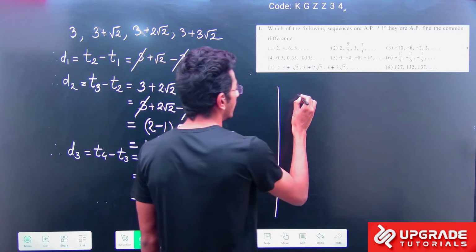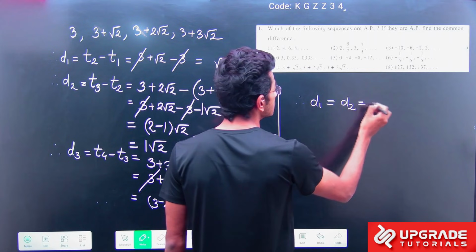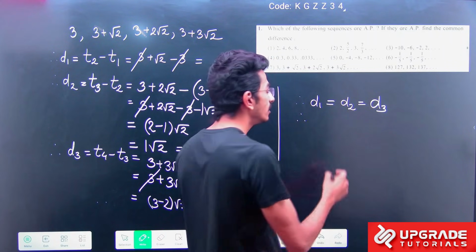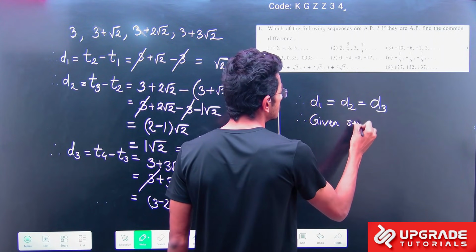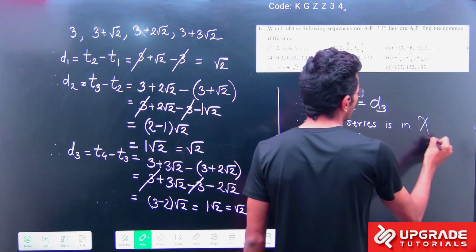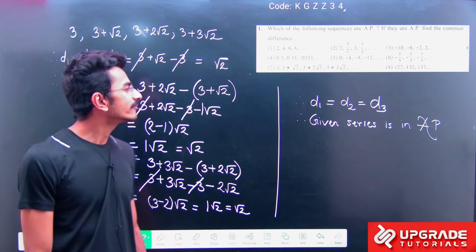Yes. Therefore, D1 is equal to D2 is equal to D3. We come to a conclusion, and therefore the given series is in AP. Getting clear? Okay.